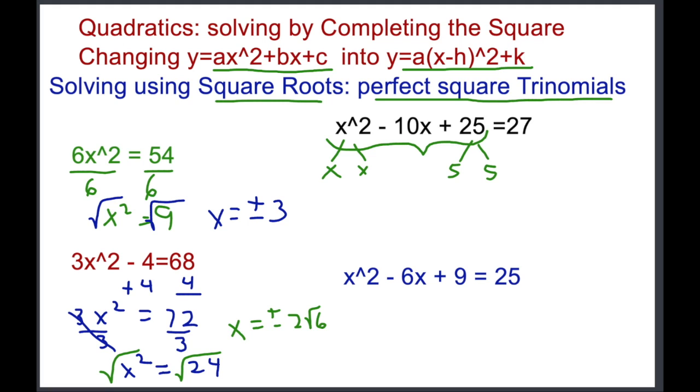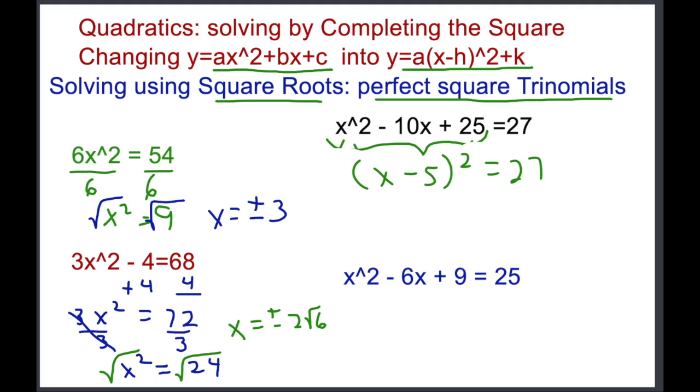The middle term suits the equation negative 2 times a times b, which is negative 10x. So this is a perfect square trinomial. That means it will factor perfectly into a square, which looks like x minus 5, x minus 5, which is x minus 5 squared.